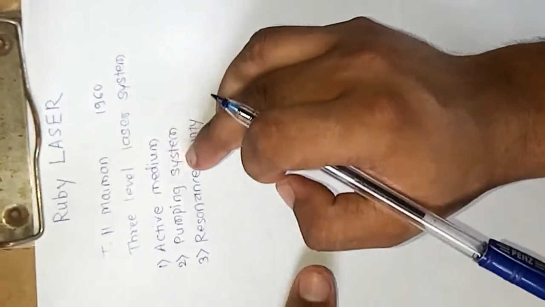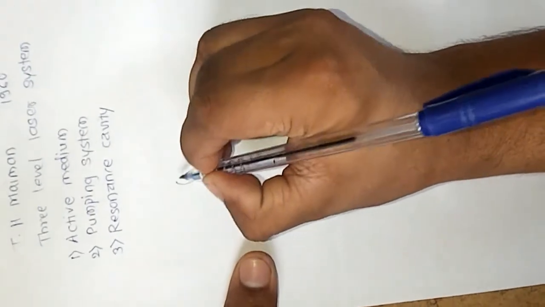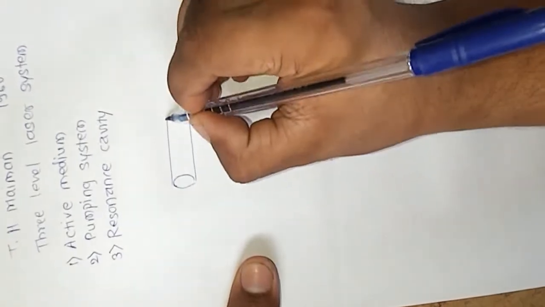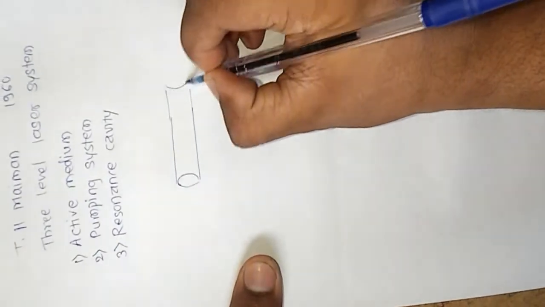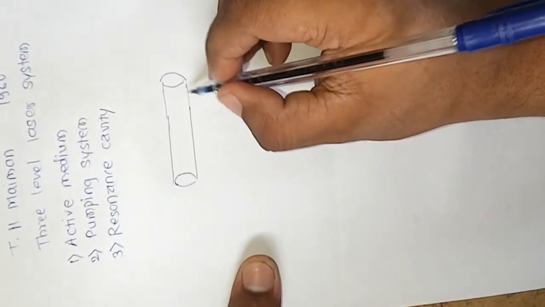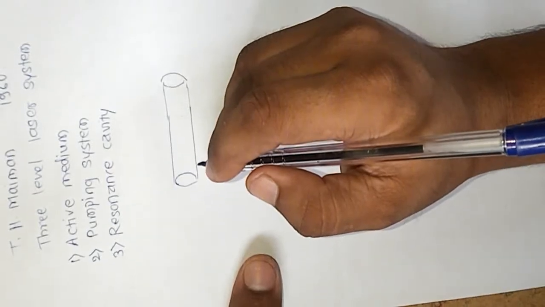This ruby laser consists of a cylindrical ruby rod. Suppose this is a ruby rod, or we also call it a ruby crystal.